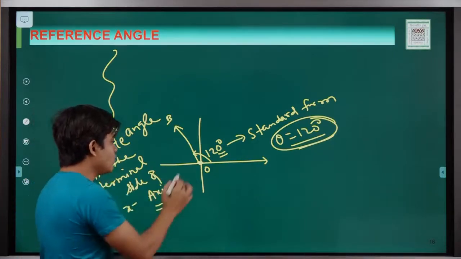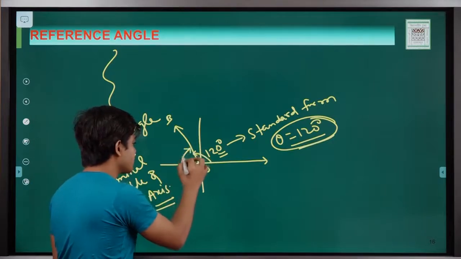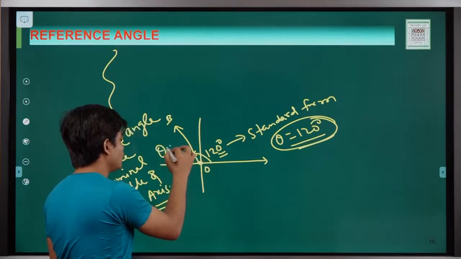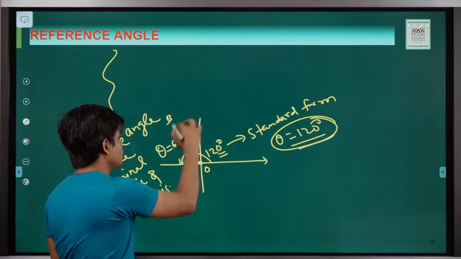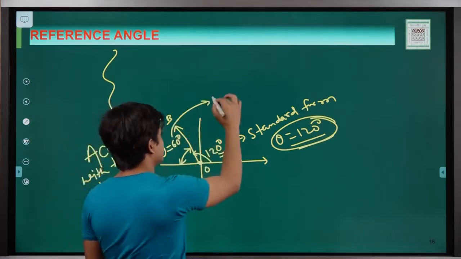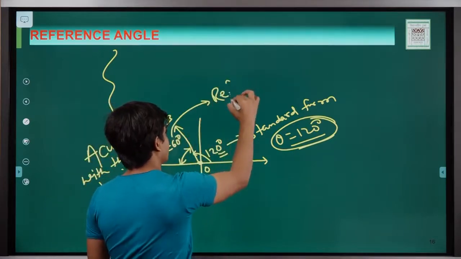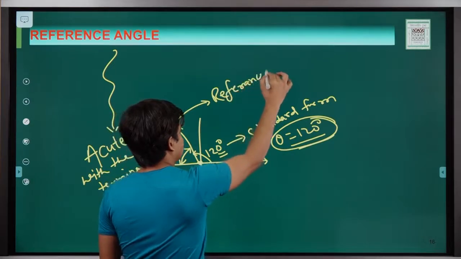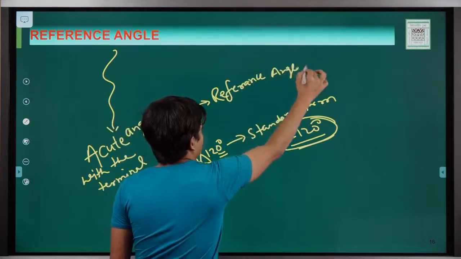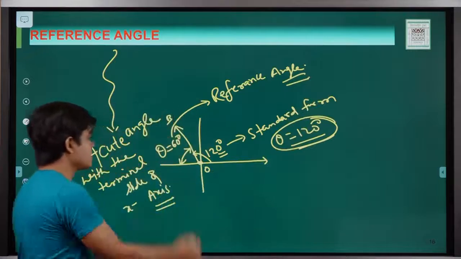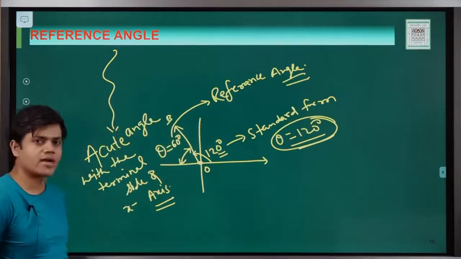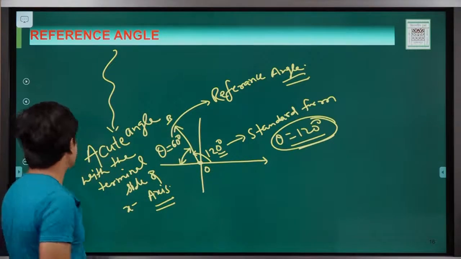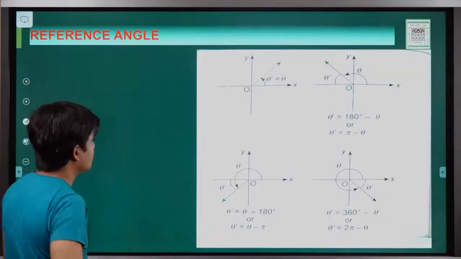Okay. So now this angle theta, which is certainly 60 degree, this is called the reference angle. This theta equals 60 degree is the reference angle. So let's find some reference angles.